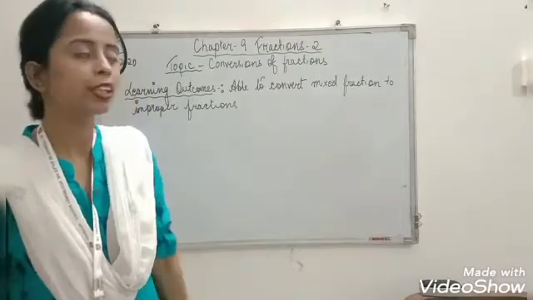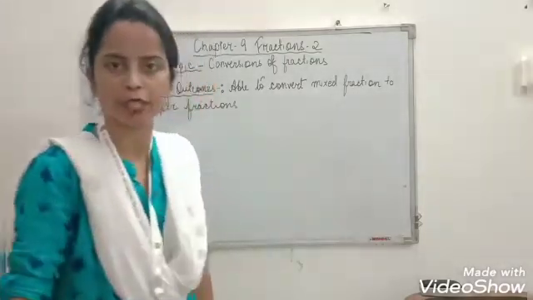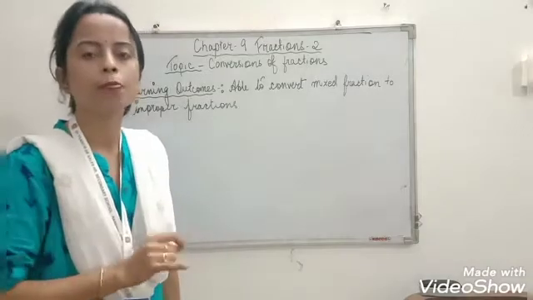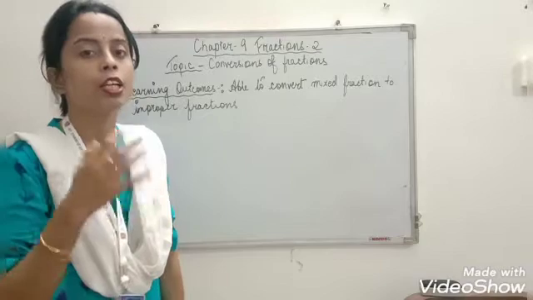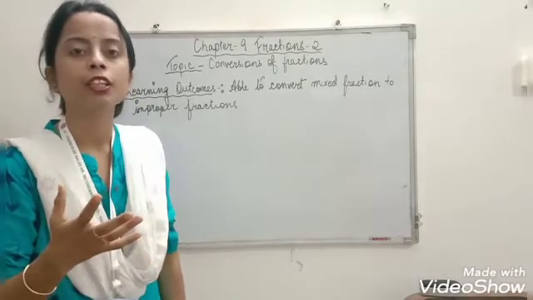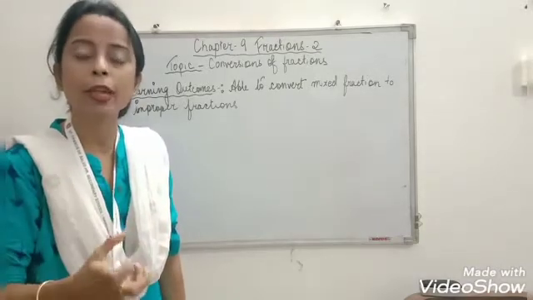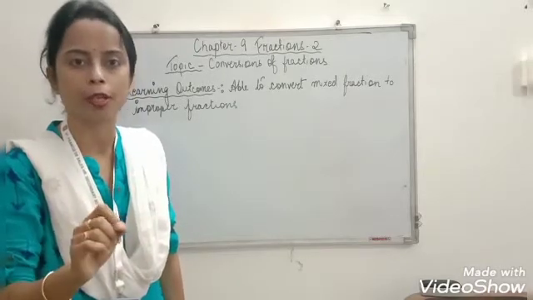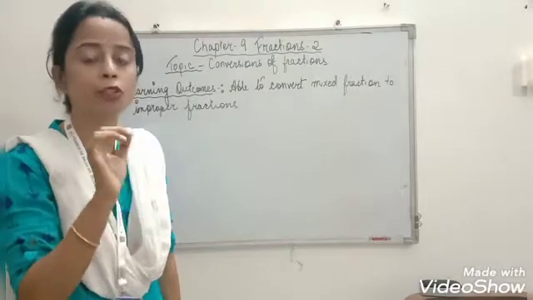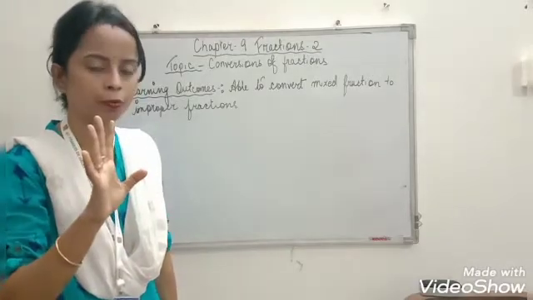Fractions having the numerator less than the denominator, we call it proper fraction. In improper fractions, numerators are greater than the denominator. Mixed fraction is a combination of a whole number and a proper fraction.